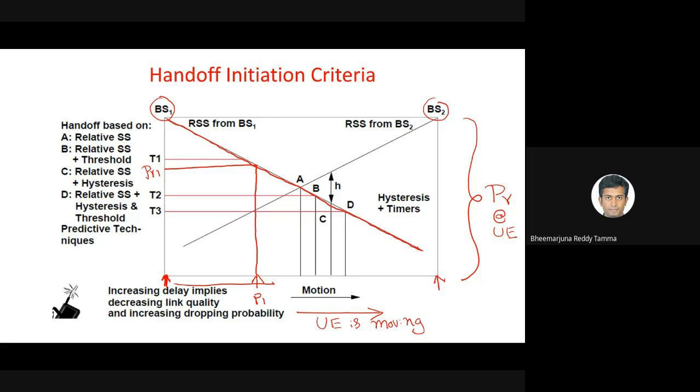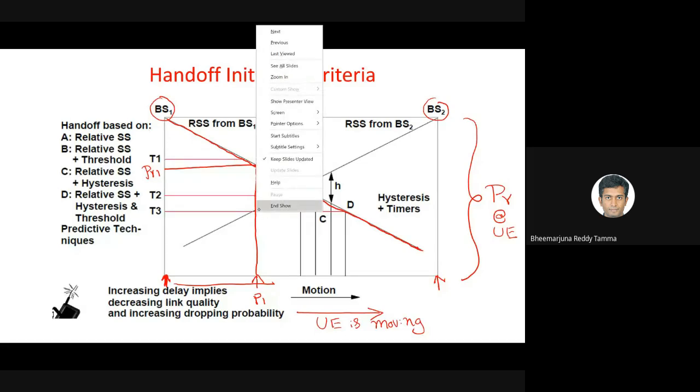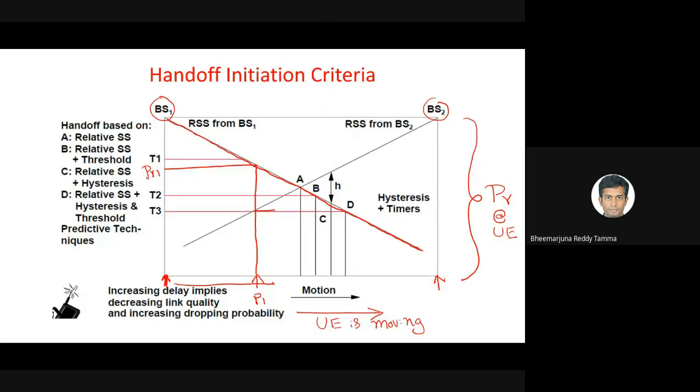Similarly, at P1 we also have the case where the user equipment is receiving signal strength from base station 2. Let's call it PR2. So which of these two is higher in this example case?